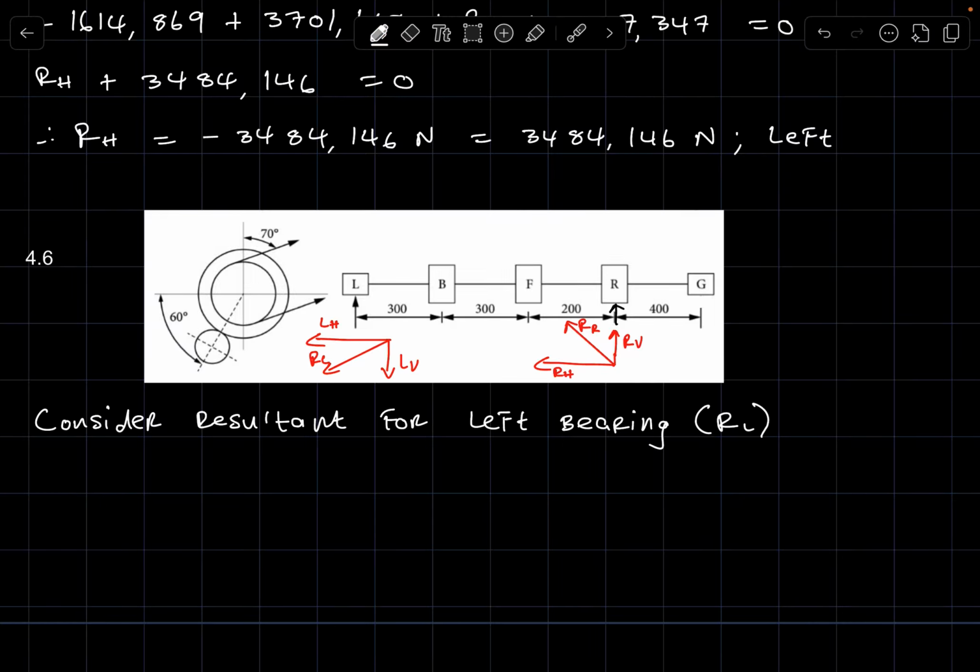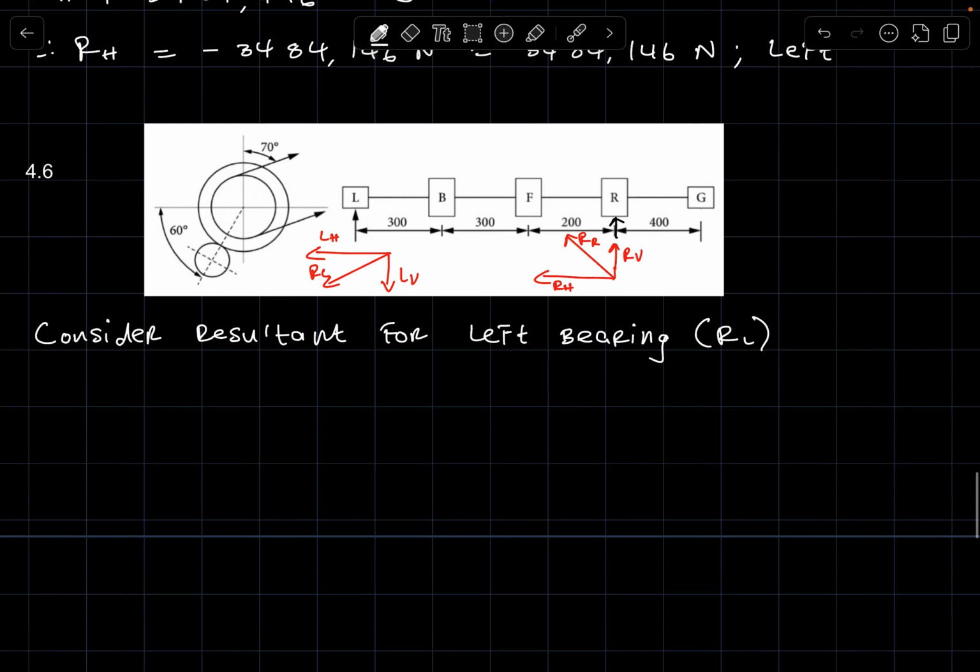Which you simply just use Pythagoras, using the components in the Pythagoras, and then you will have determined the resultant. So here you will have, for instance, RL. RL has two components, LH and LV.